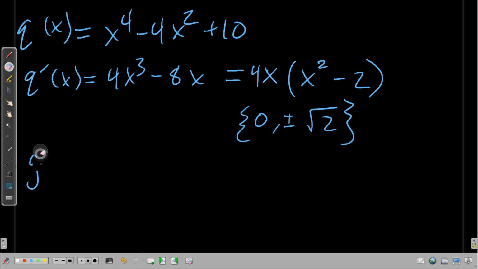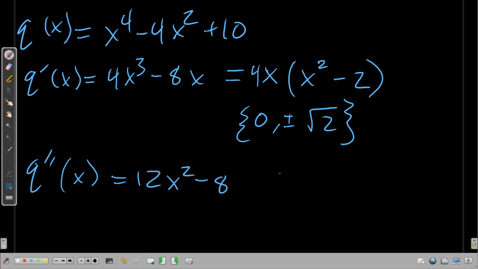And I want to check in q double prime the sign of those numbers. So this would be 12x squared minus 8. And that would in turn tell me that if x were 8/12, well, I'm sorry, that's not a linear function. I should factor this, and I can factor out, I guess, a 12.